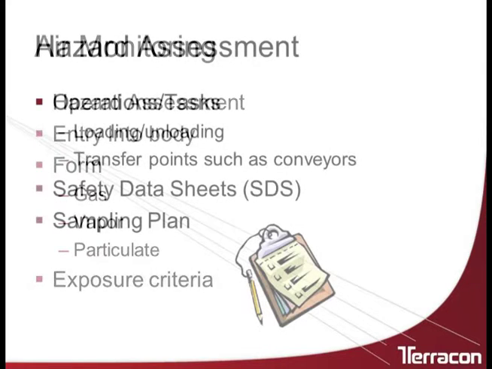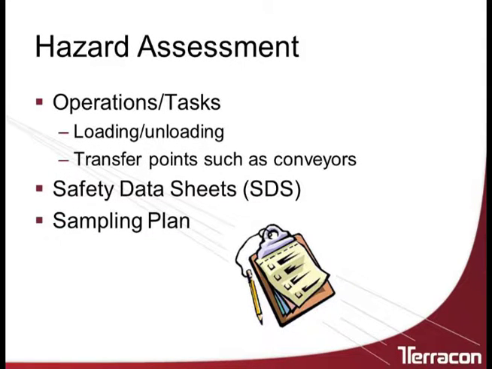Let's talk about the hazard assessment. Typically in a hazard assessment, you're looking at those operations and tasks that are going to generate an airborne concentration. So you go out, you assess, determine just exactly what you've got, and from that, get an idea of what those potential airborne contaminants are.